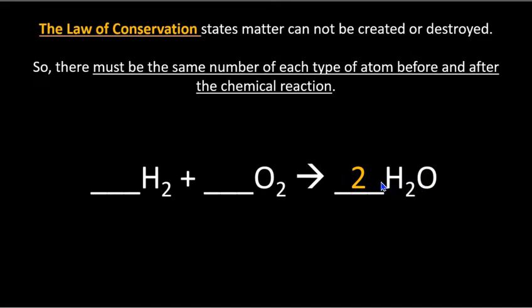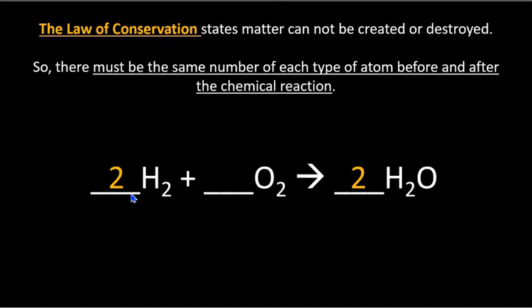The difficulty being is now your hydrogens are different because this 2 multiplies the whole compound. So what this now says is instead of having two hydrogens, which is what you started with, you now have 4 because it's 2 times 2. Okay, so now you need to come back over here and put in a 2.